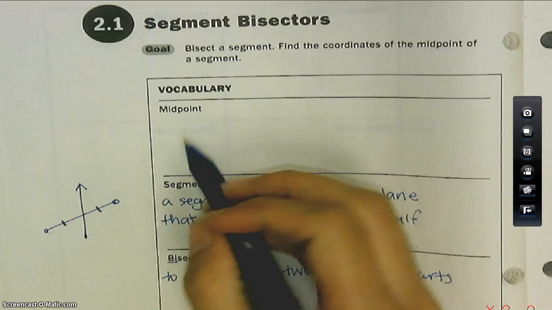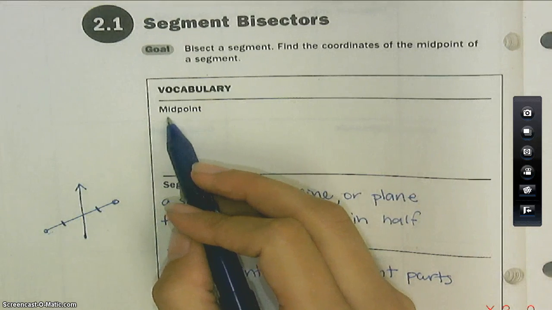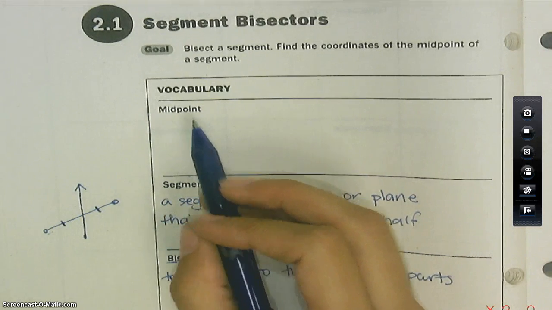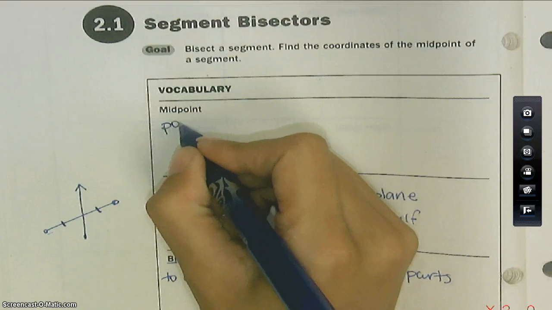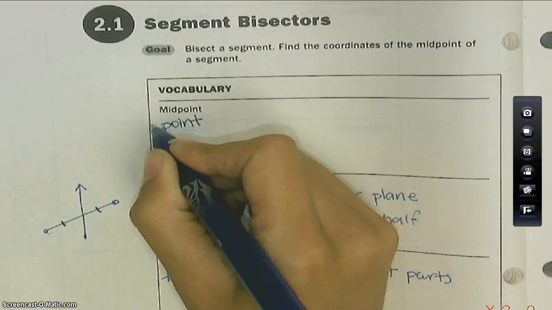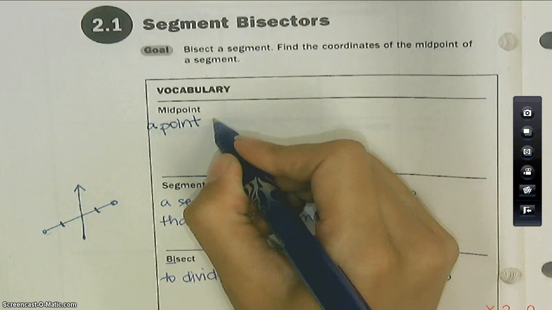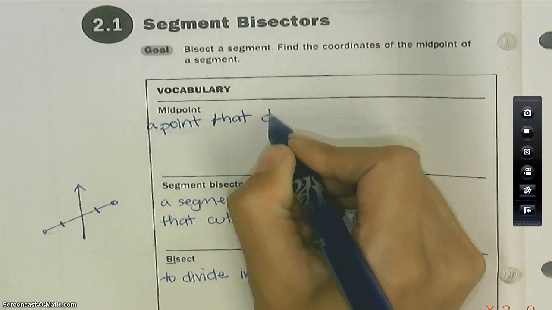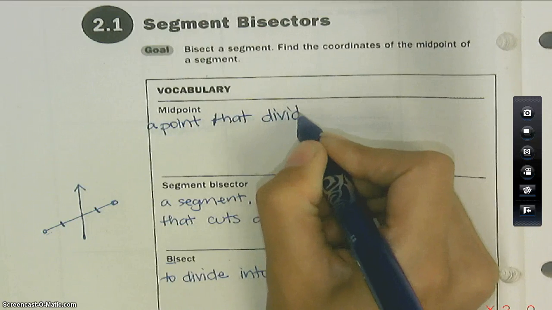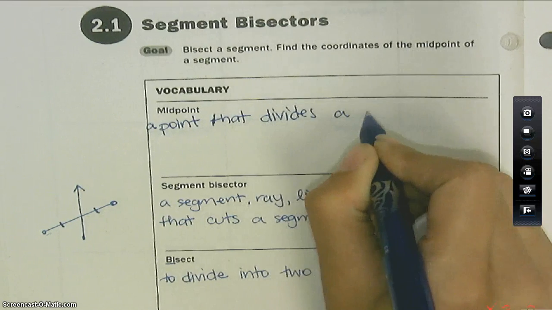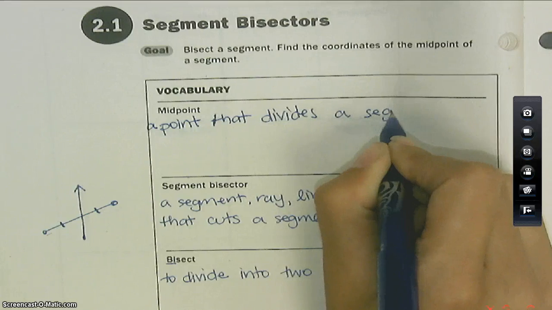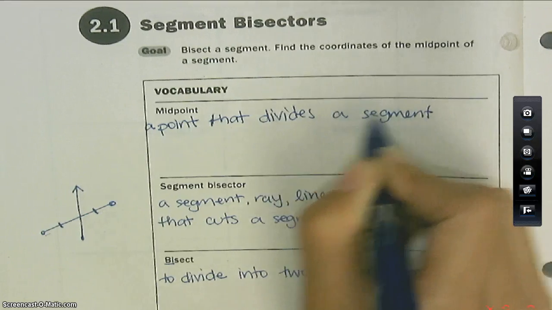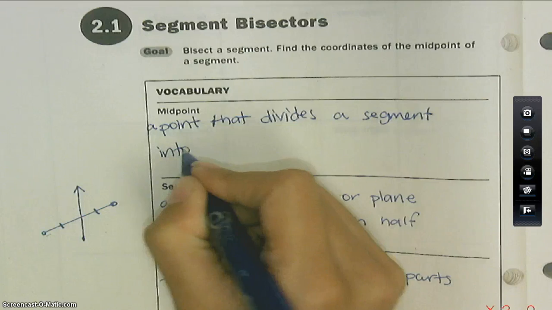A midpoint, well, when you hear the word mid, you should think middle. So this is a point in the middle. A point that divides a segment into two congruent parts. Right?